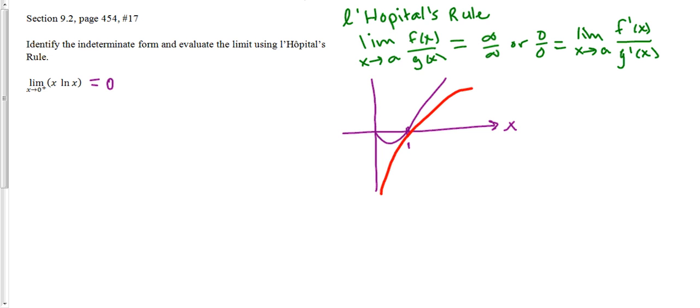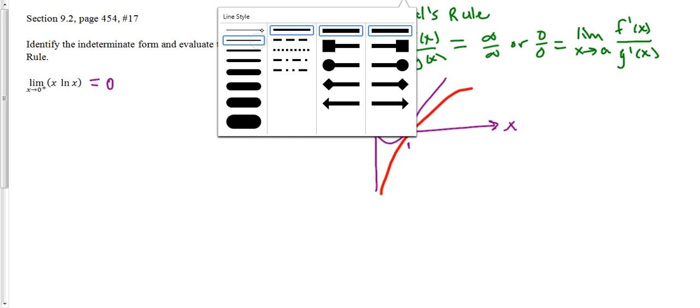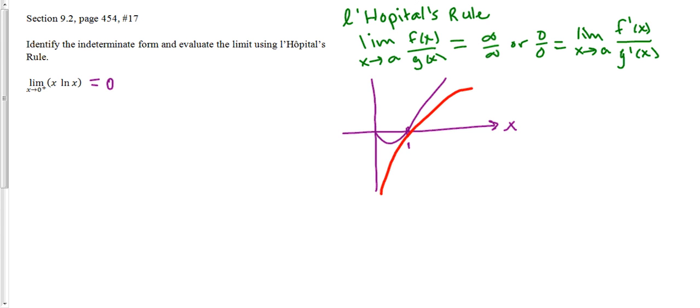So in the limit, as x goes to 0 from the positive direction, the natural log of x is going to go to negative infinity. So my indeterminate form here is 0 times negative infinity. And that was one of the things that we were supposed to identify.